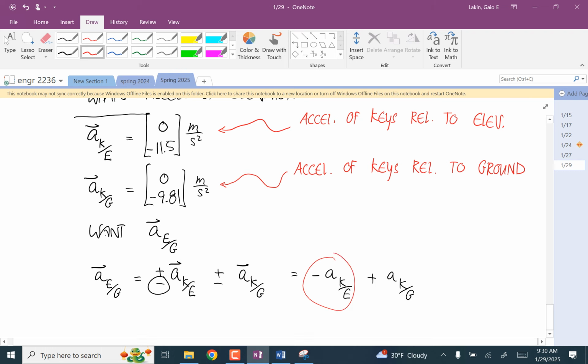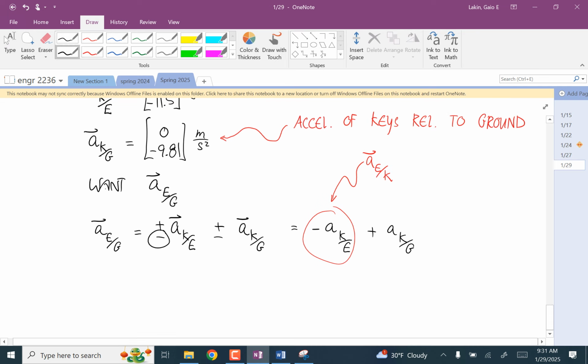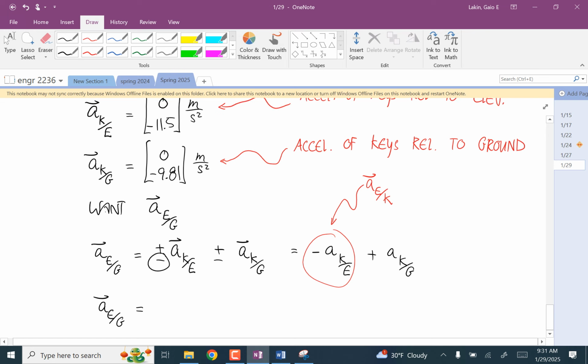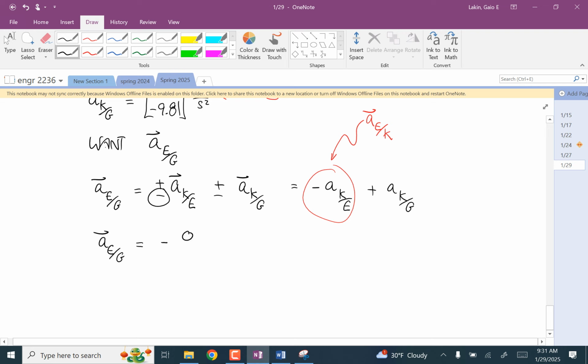And the reason this works is because this is now the acceleration of the elevator relative to the keys. And so the acceleration of the elevator relative to the ground is equal to negative 0, negative 11.5 plus 0, negative 9.81.